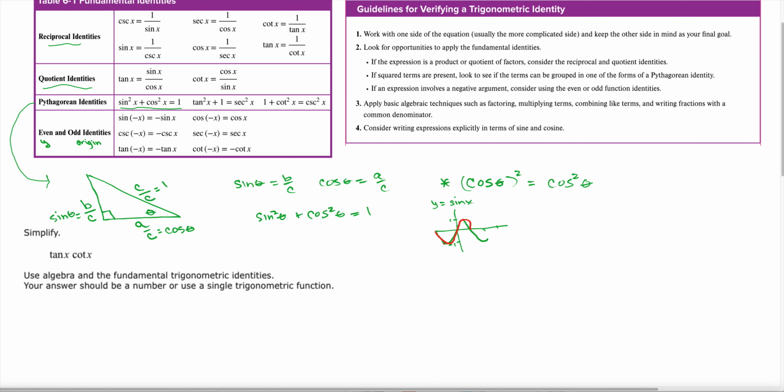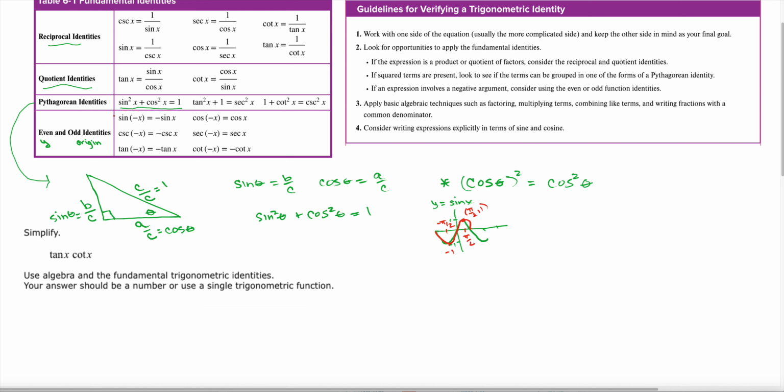We could see, although my graph isn't drawn beautifully, that this would be considered to have origin symmetry, right? So if this is pi over 2, and we know that point pi over 2, 1 is on the graph, negative pi over 2, -1 is also on the graph.